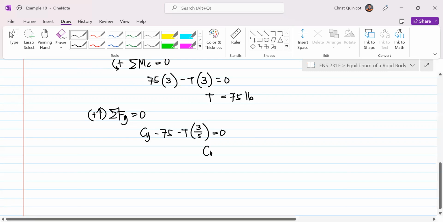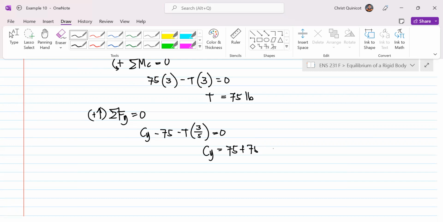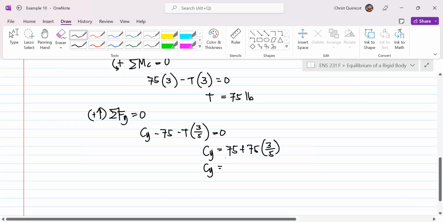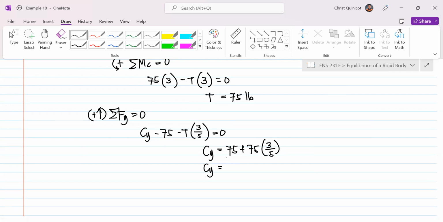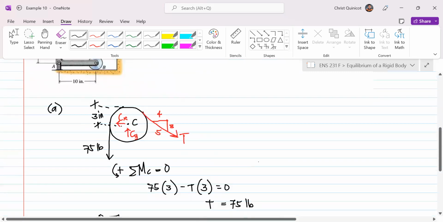So C sub y is equal to 75 plus 75 times 3/5. C sub y is equal to 3 divided by 5 times 75 plus 75, which is 120 pounds.